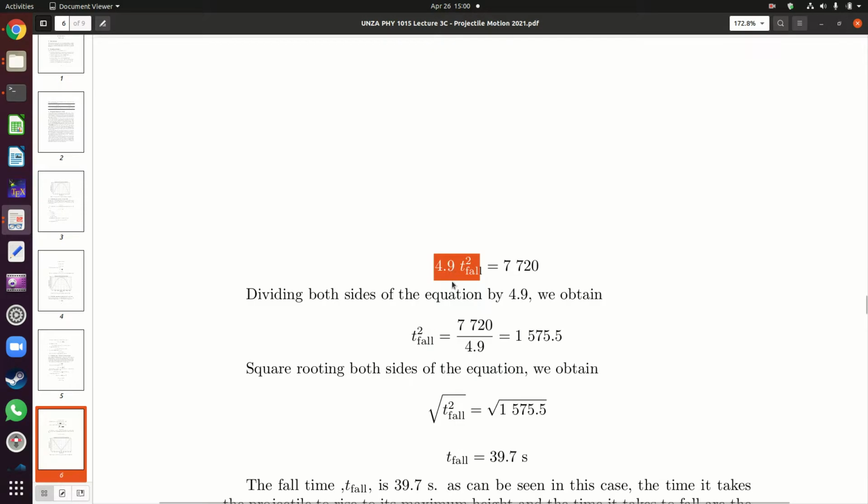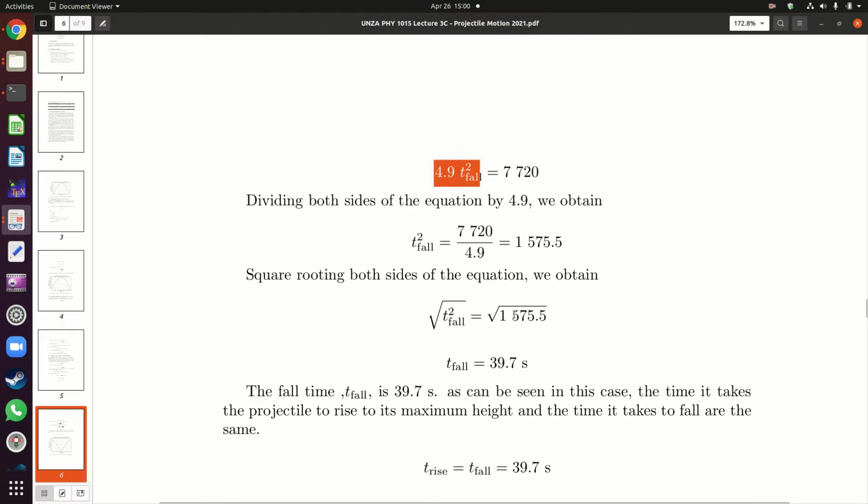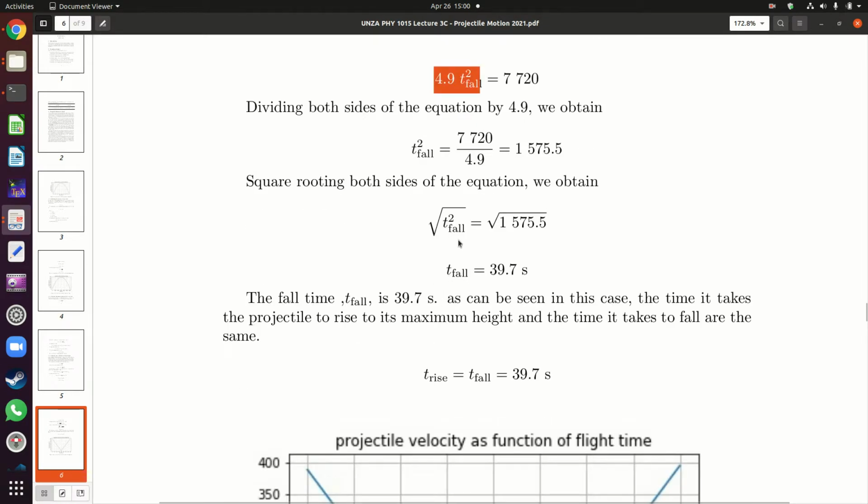Then you divide both sides by 4.9, so you end up with t4 squared equals 7,720 divided by 4.9, which gives you 1,575.5. Then take the square root on both sides, so you end up with t4 equal to the square root of 1,575.5. This gives you a fall time of 39.7 seconds.